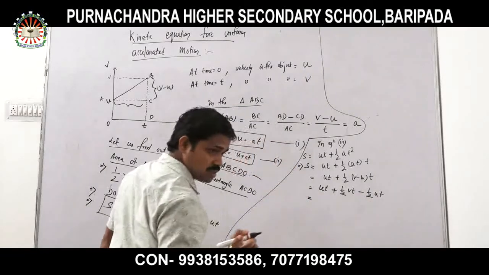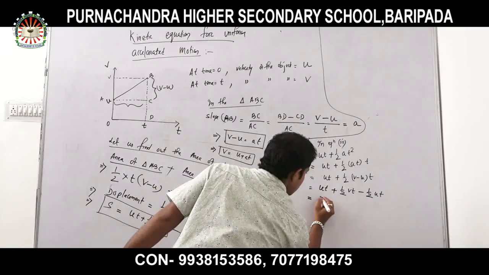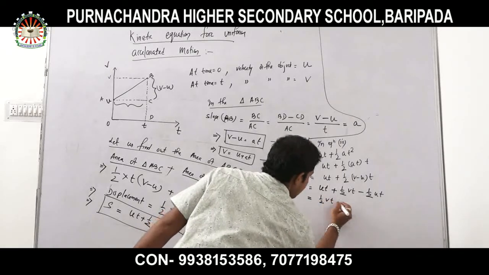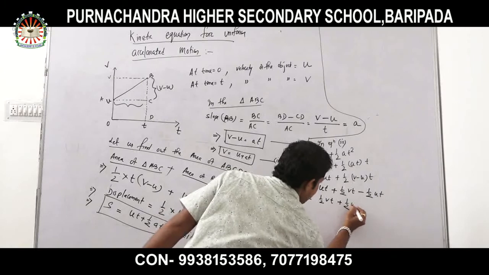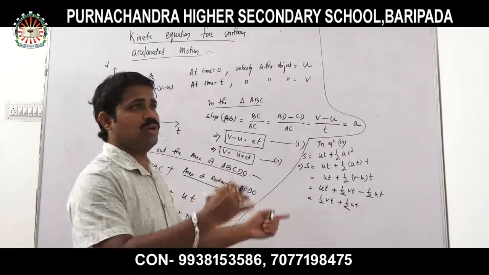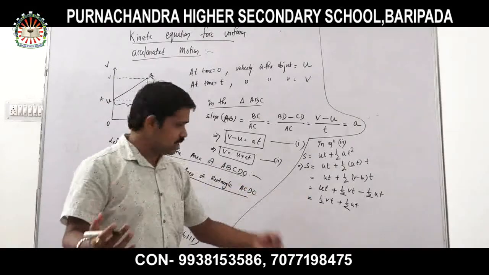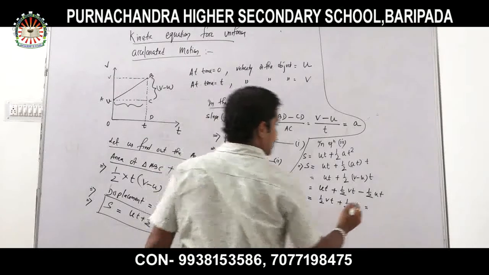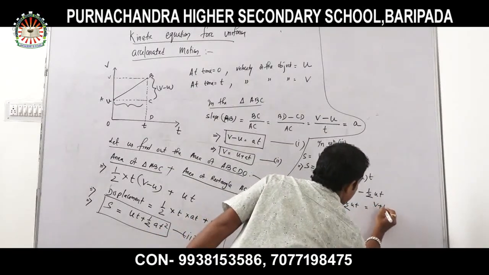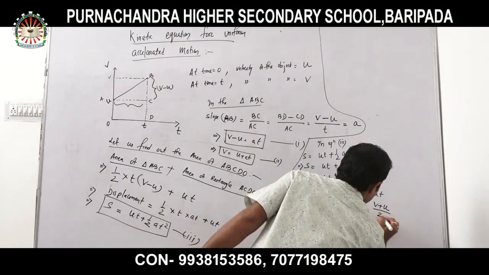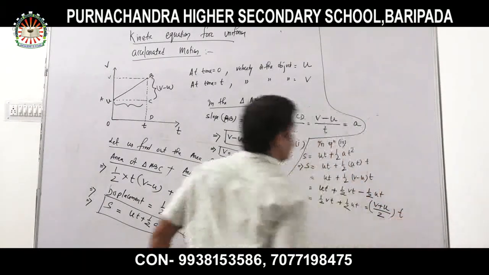So how much is it? UT minus half UT is half UT. So half VT plus half UT. That means I can take T common, so V plus U divided by 2, into T.